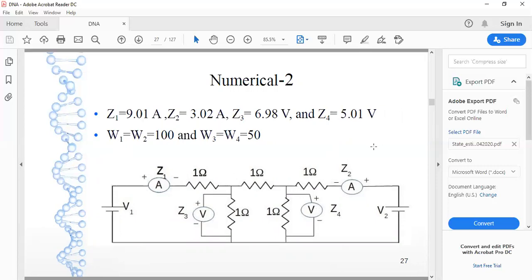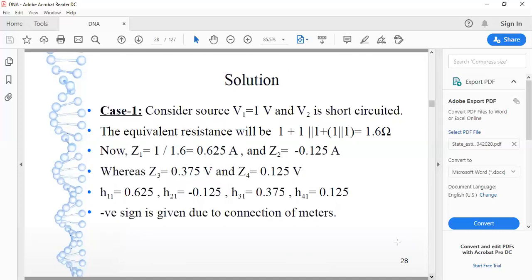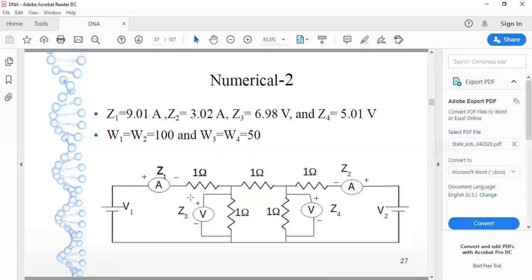How will we do this? By applying the superposition theorem. If we apply the superposition theorem, then we take V1 equal to 1 volt and V2 short circuited. The equivalent resistance will be found, that is equal to 1.6. Over here, it is clearly mentioned that if we consider V1 as 1 volt and find the equivalent circuit, then this 1 ohm resistance comes in parallel combination with this 1 ohm.